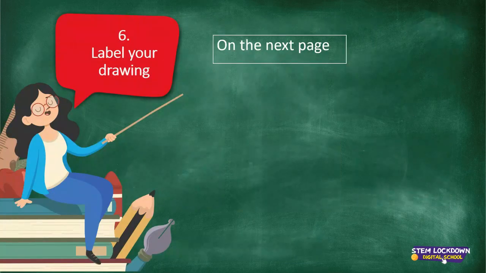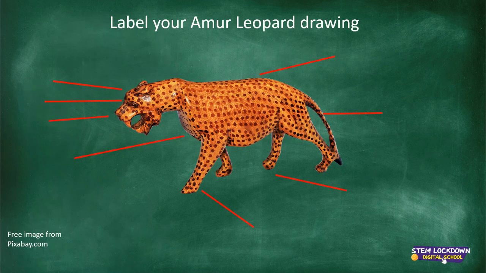Okay, now I want you to label your drawing. Just that final drawing of yours, label it, and I'd like you to have at least 5 body parts that you label. So I've just put in my own examples, but you can choose any of your 5. Choose 5 body parts.